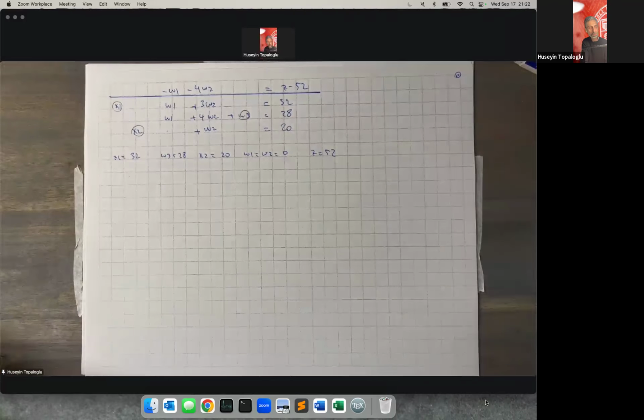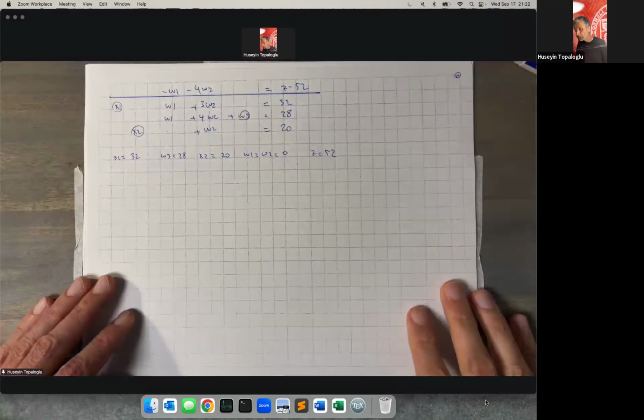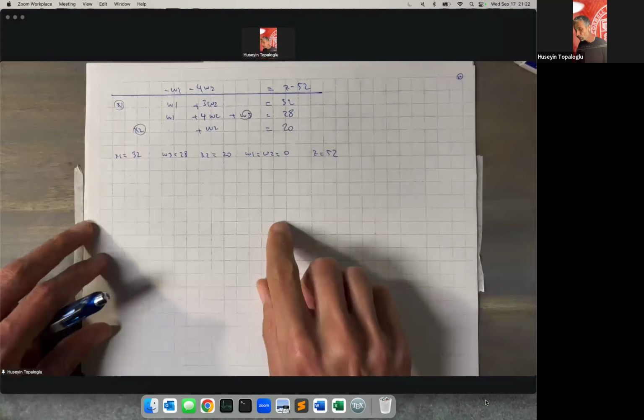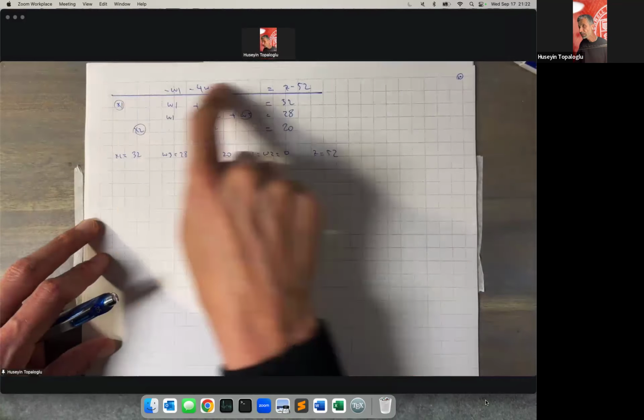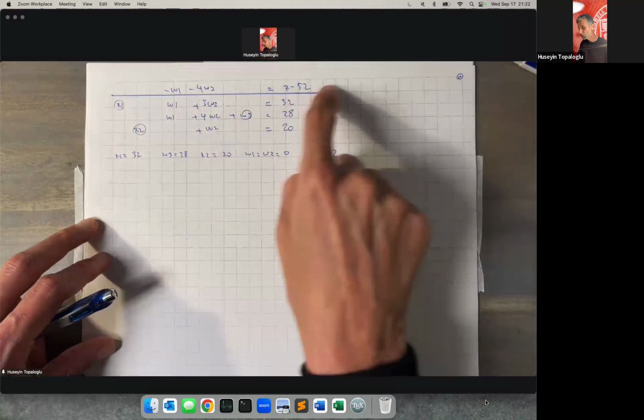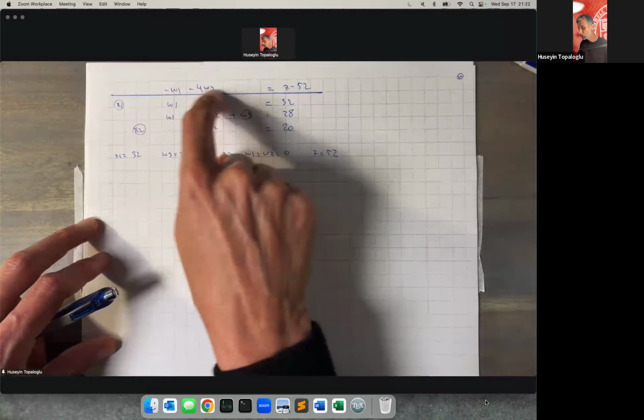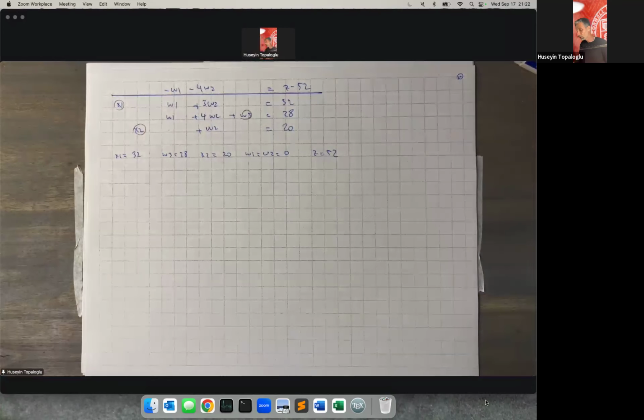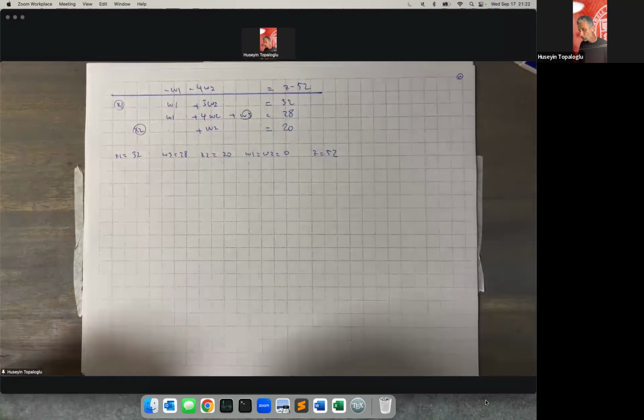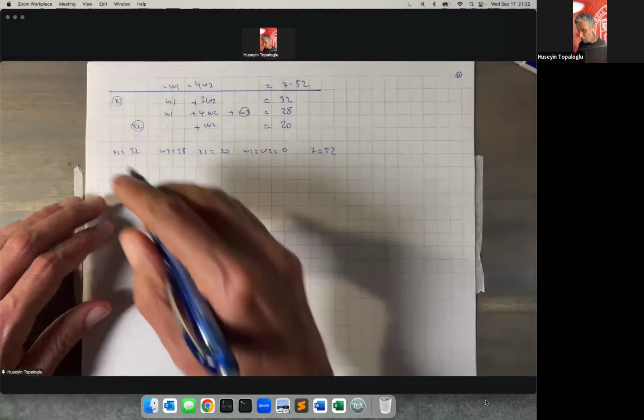Z is equal to 52. Good. Did we reach the optimal solution to the original linear program that we would like to solve? We're maximizing the objective function in the original linear program. Increasing any one of these decision variables is going to decrease the objective function. So we reach the optimal solution to the original linear program that we would like to solve.